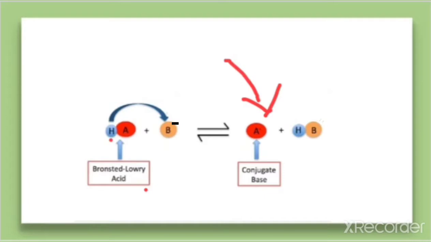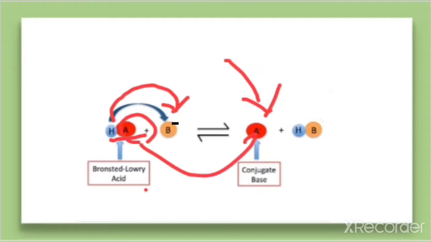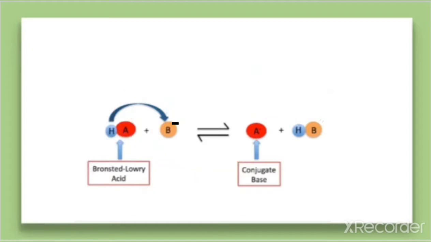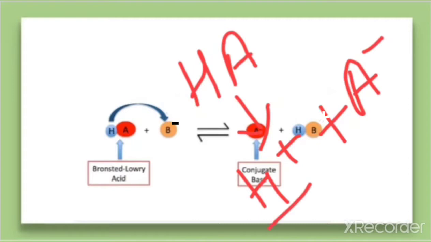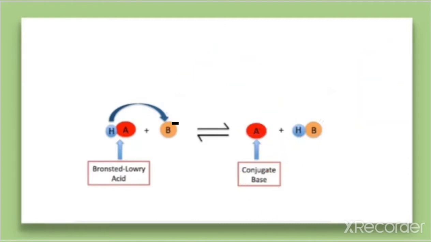How can we split HA? We can split it into H plus plus A negative. So when it donates the H plus ion, A negative is remaining. This is called a conjugate base.